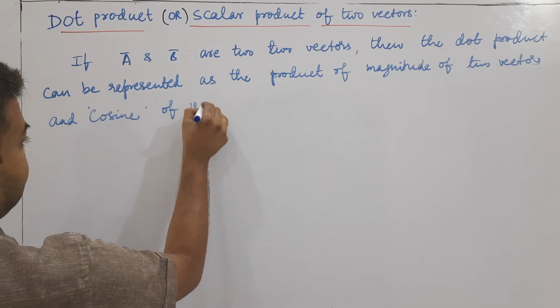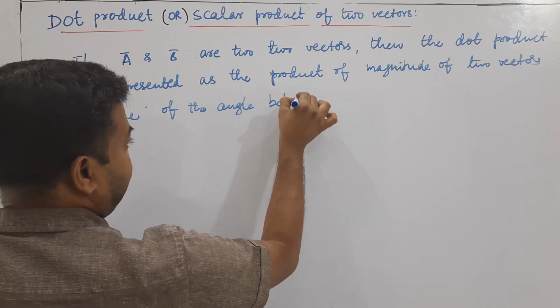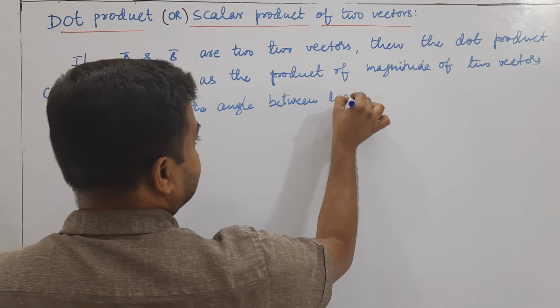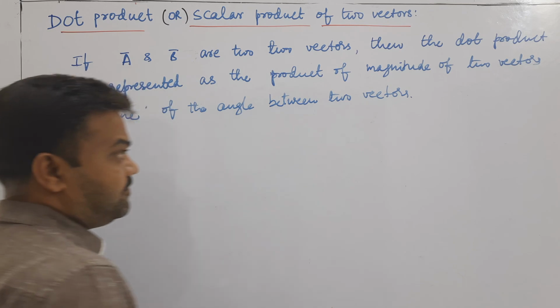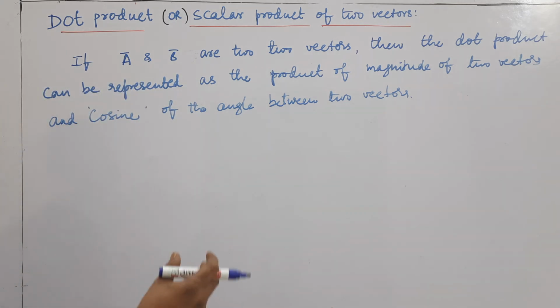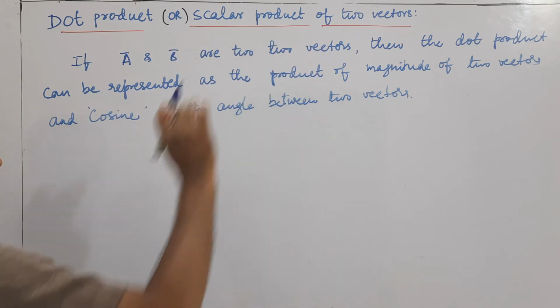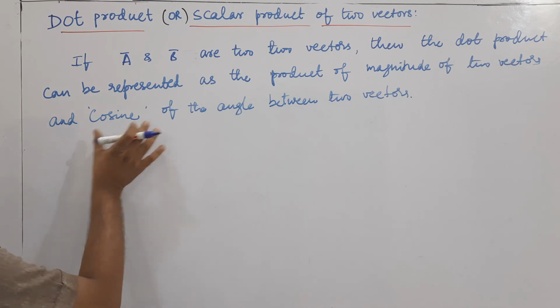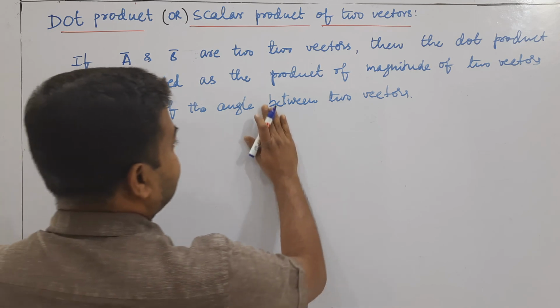That means if two vectors are multiplied and the product is a scalar quantity, then it is represented as a dot product: the product of the magnitudes of the two vectors and the cosine of the angle between the two vectors.